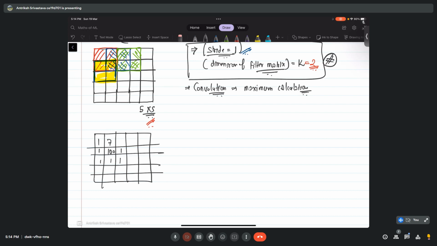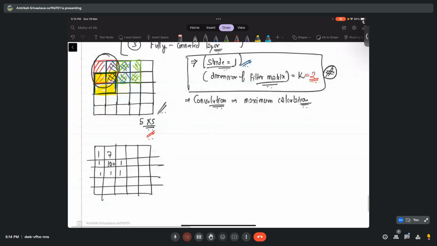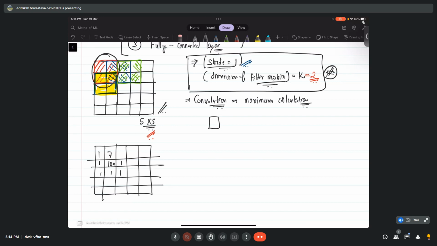So when you are using your 2 by 2 filter matrix and sweeping through the original image, it is going to combine the values of the four pixels that it is looking at. It is going to combine these values with some weights and then give out a single value. So this is your image.